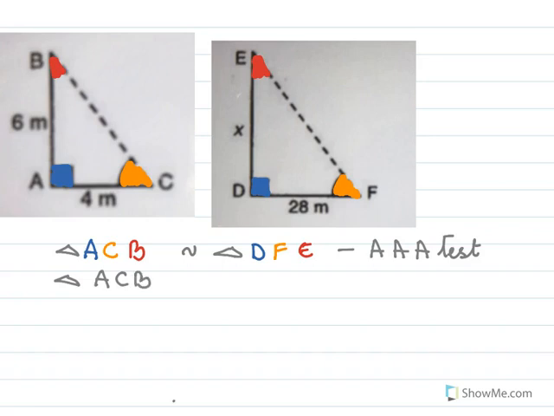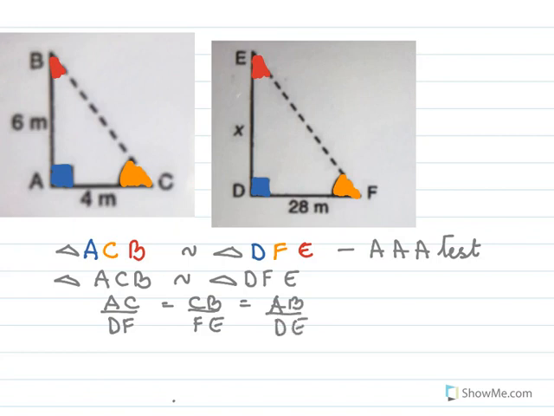So you have triangle ACB similar to triangle DFE. So we'll have AC over DF equal to CB over FE equal to AB over DE.